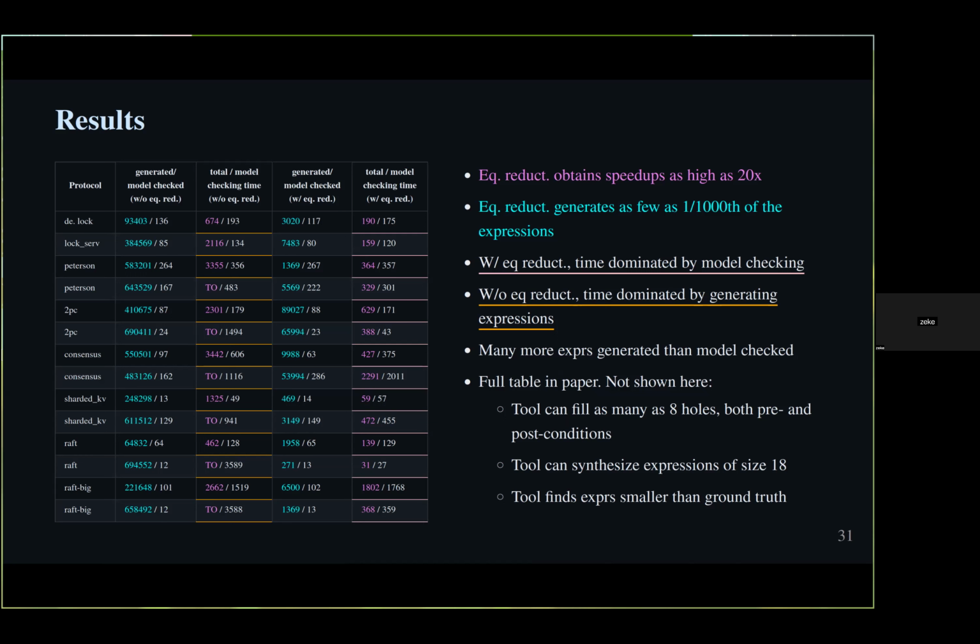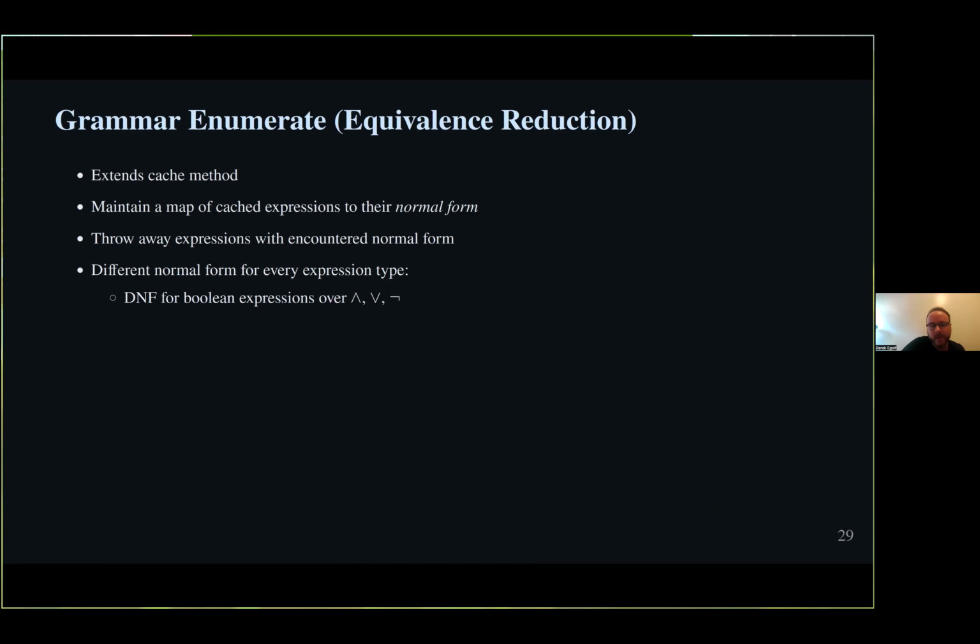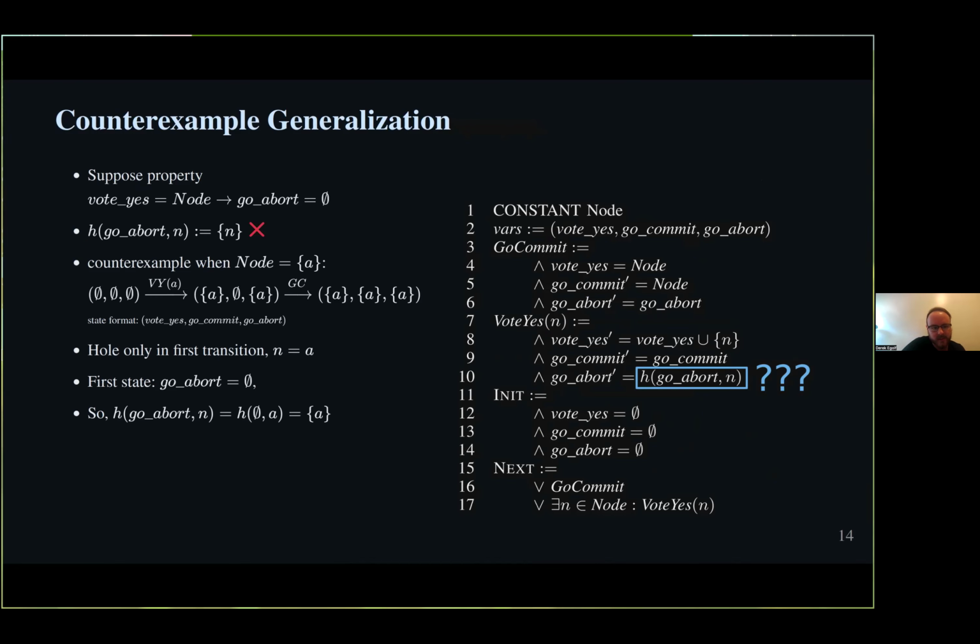That's really cool. Yeah, when I first learned about counterexample guided inductive synthesis, I was like, that works. It works because you can prune the search space a lot using counterexamples. And to give more intuition for why you can eliminate so many, if you go to this generalization slide, that very simple constraint says, under the case where GoBor is the empty set and n is equal to a, the expression cannot evaluate to the empty or the singleton set a.